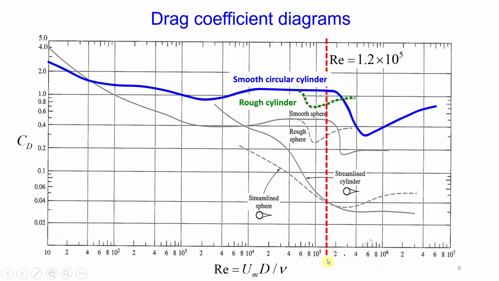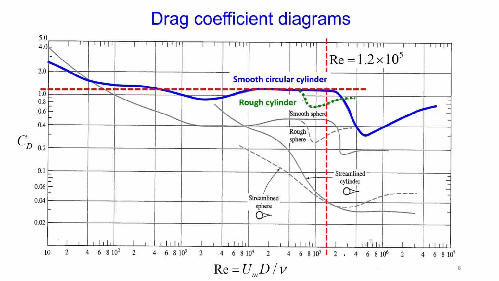So approximately, I just draw a vertical line which shows my Reynolds number. As soon as this vertical line crosses my smooth circular cylinder blue data line, I draw a horizontal line until it crosses the y-axis, where I read the CD value.